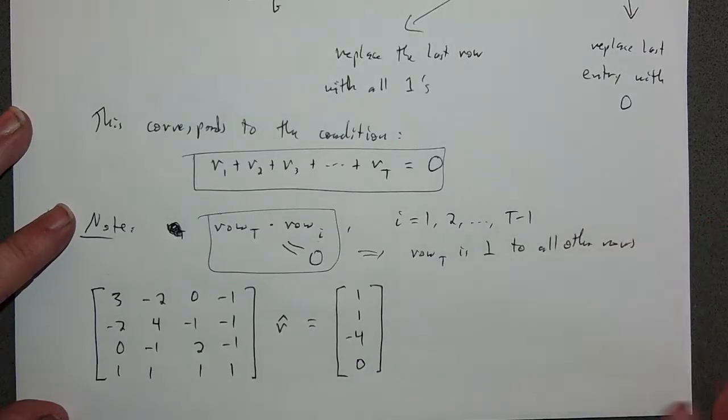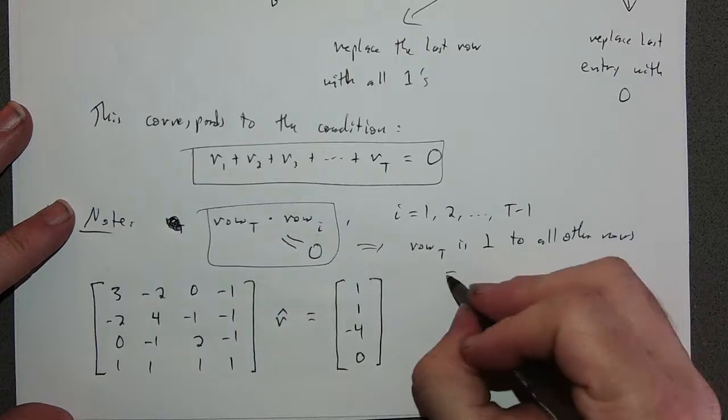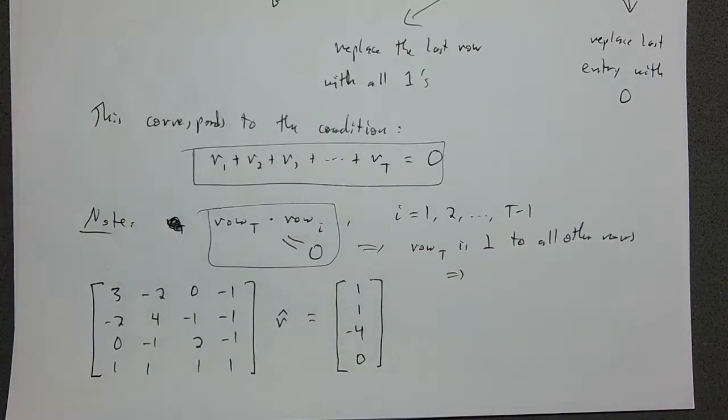What is the purpose of noticing that? This is a quick way of noticing that it is not a linear combination of them.